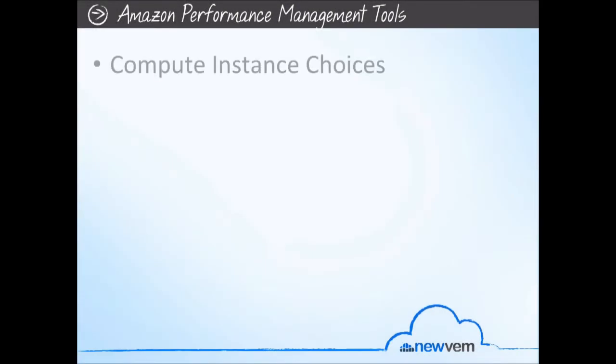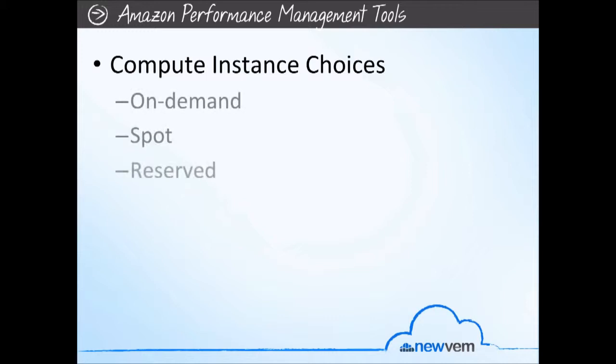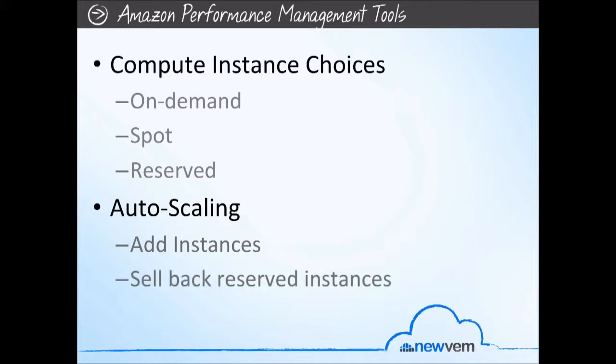As a cloud provider, Amazon offers you a series of tools that you can use in your performance management process. For example, compute instance choices. You can choose among on-demand, spot, or reserved instances. Auto-scaling. You can program your structure to add instances when a utilization threshold is met, and you can sell back your reserved instances in a secondary market.